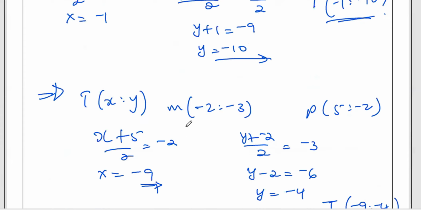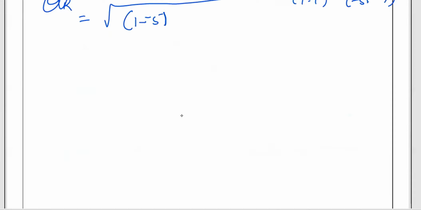The distance QR, we're focusing on (1, 1) and (-5, -7). With the distance formula, it's going to be the square root of (1 minus -5) squared plus (1 minus -7) squared. So that becomes 6 squared, which is 36, plus 8 squared, meaning that our QR is going to be 10 units.